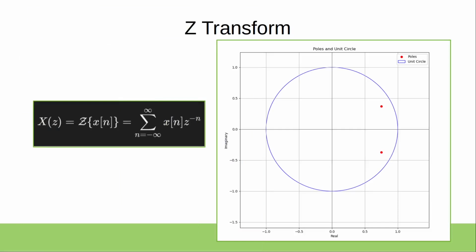So now onto the Z transform, the discrete equivalent of the Laplace transform, the S-plane. I won't go into too much detail, but basically now we are dealing in discrete samples rather than continuous time. And when you apply the Z transform, you get this sort of plot.